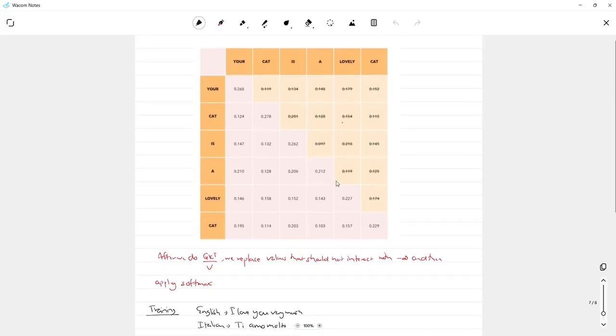So imagine applying this masking to the attention matrix for "your cat is a lovely cat." When the decoder is processing the word "your," it can only attend to "your" itself. When it is processing the word "cat," it can attend to "your" and "cat," but not "is a lovely cat," and so on.